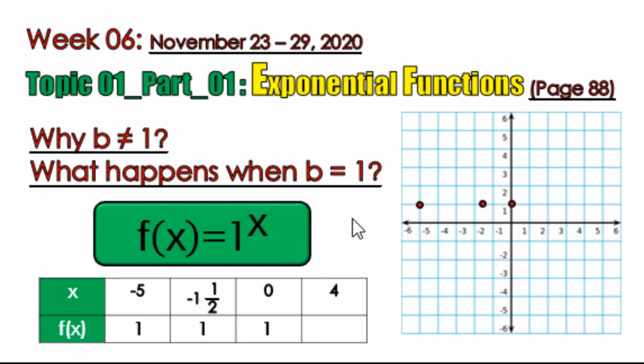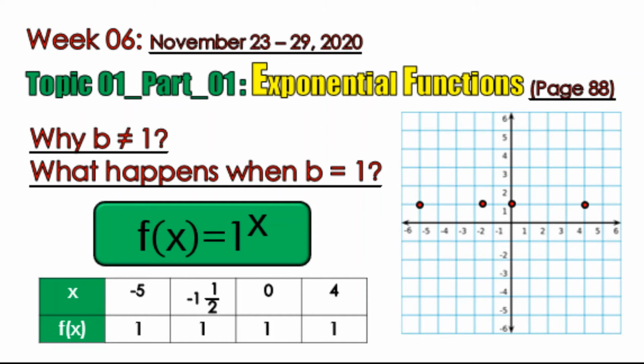And that point 0, 1 is here. And if x is equal to 4, the value of f of x is 1. And if we plot this point on the Cartesian plane, this is the location of the point 4, 1. So what have you observed?